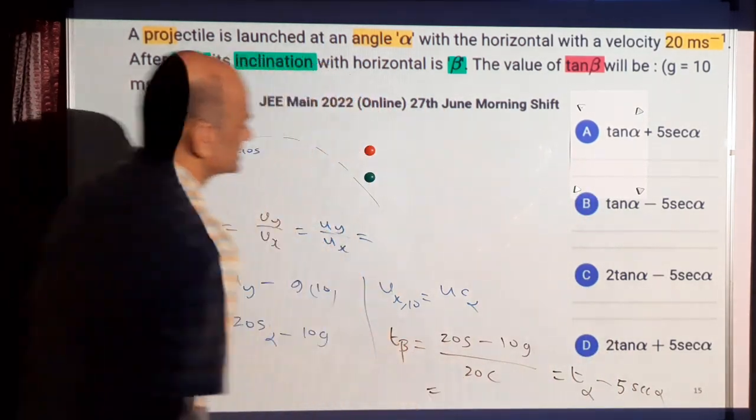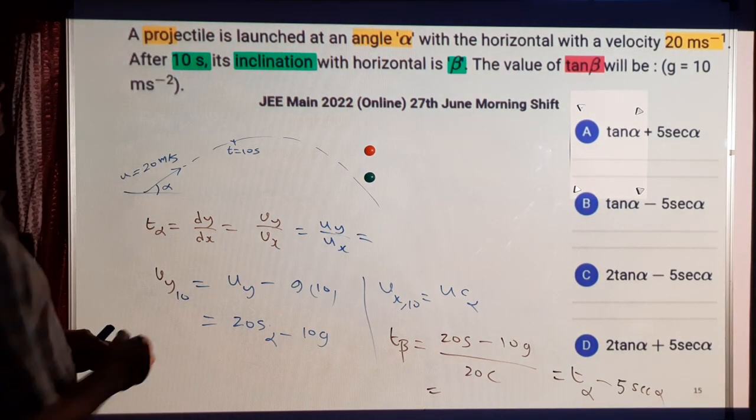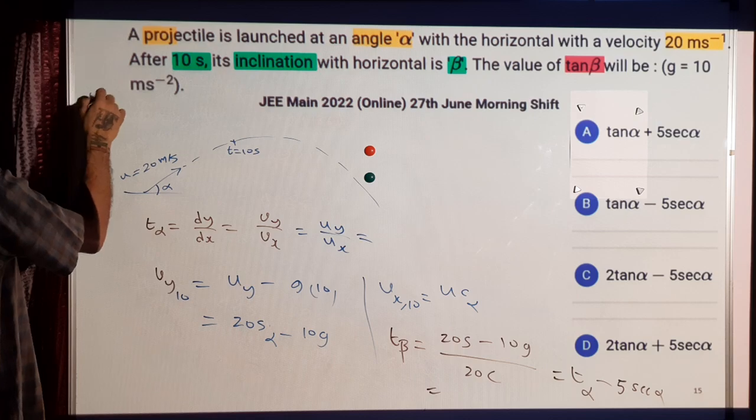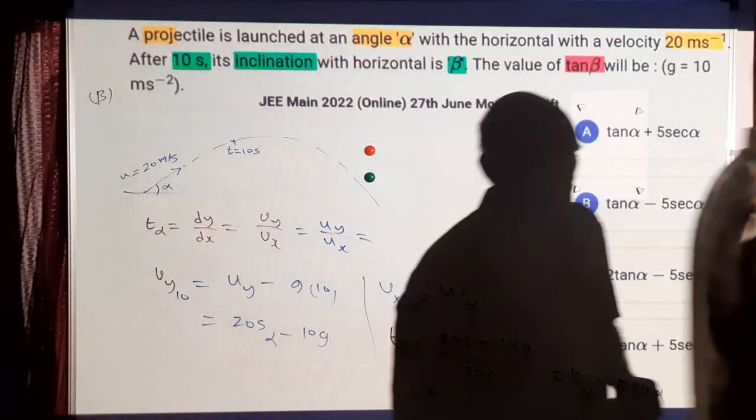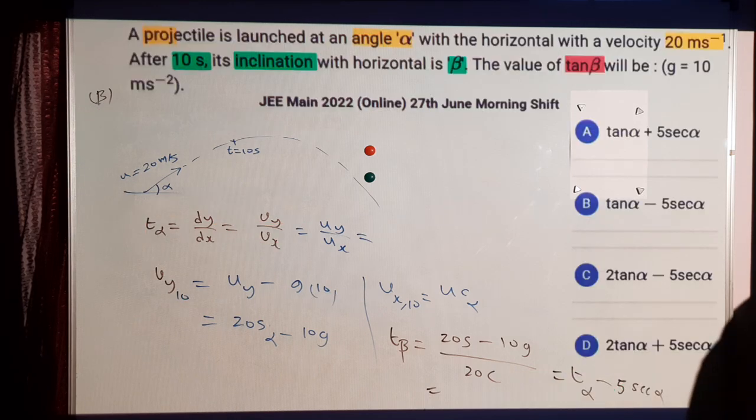This is 100 by 20 is 5, and then 1 by cos is secant. So tan alpha minus 5 secant alpha is option B. B is the correct answer.